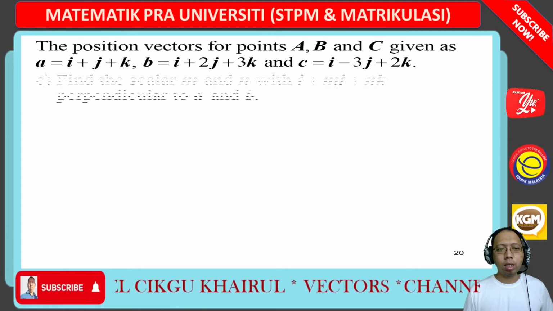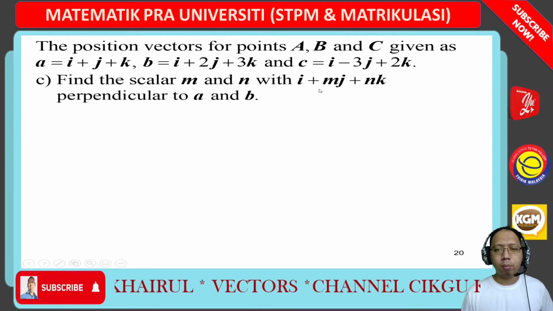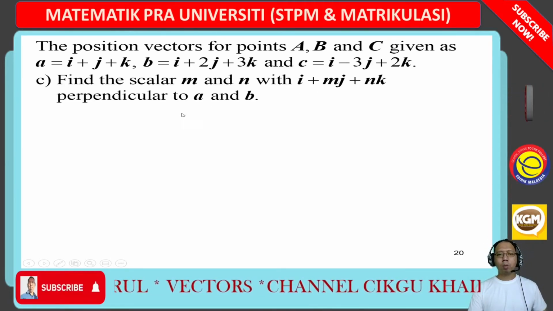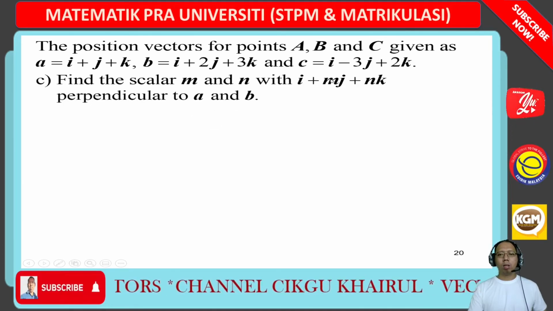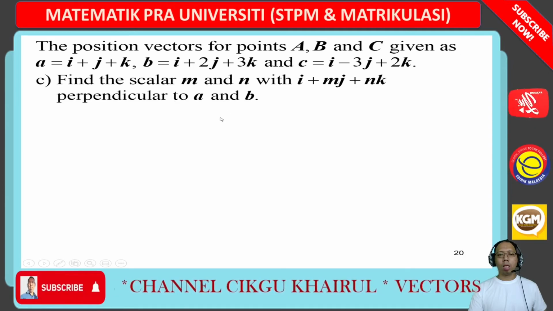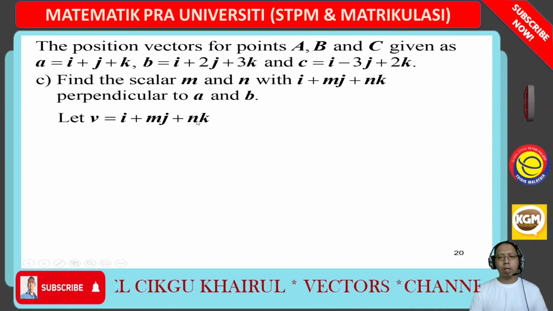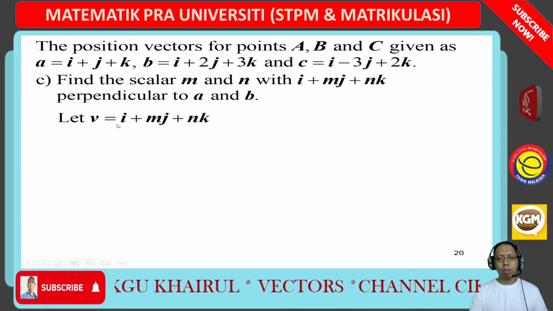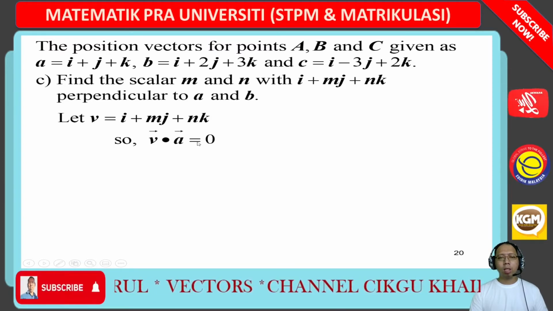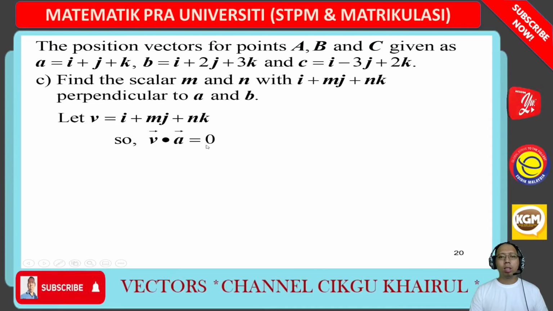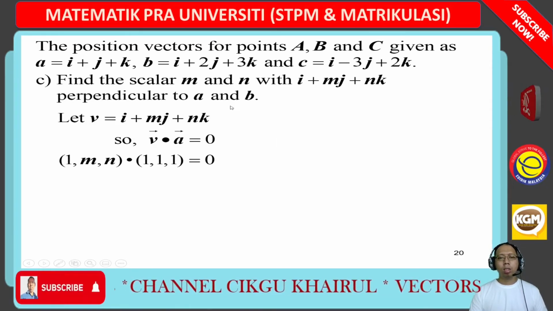Okay, next question: find the scalars m and n such that i plus mj plus nk is perpendicular to A and B. So this vector is perpendicular to both A and B. Let's name i plus mj plus nk as vector V. So V dot A must equal 0 and V dot B also equal 0.